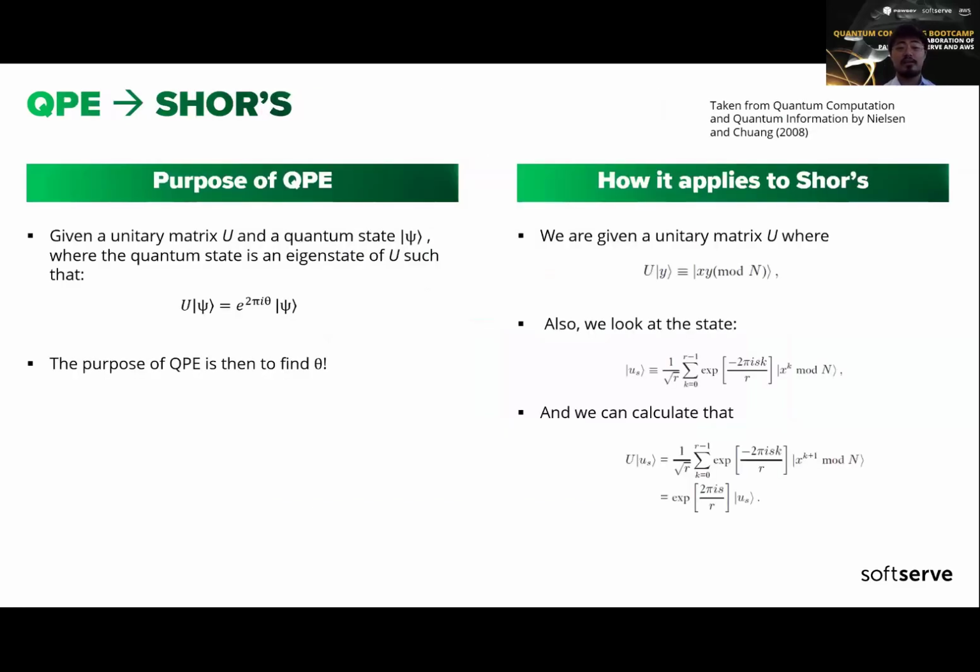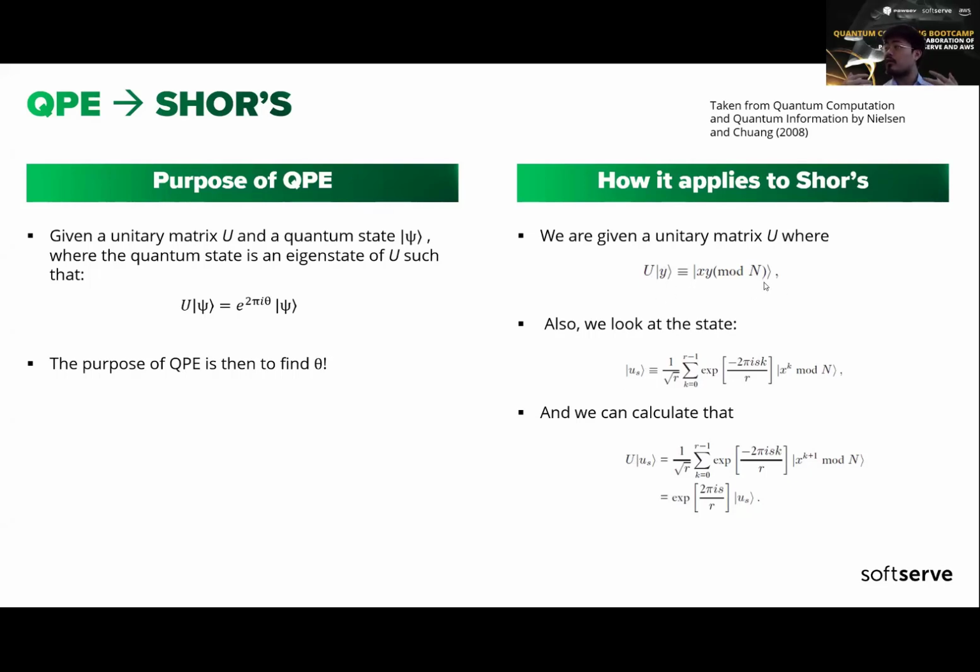The purpose of QPE is, given a unitary matrix U and a quantum state, to find this theta. How it applies to Shor's is that we are given this unitary matrix U, which is defined by a certain function.